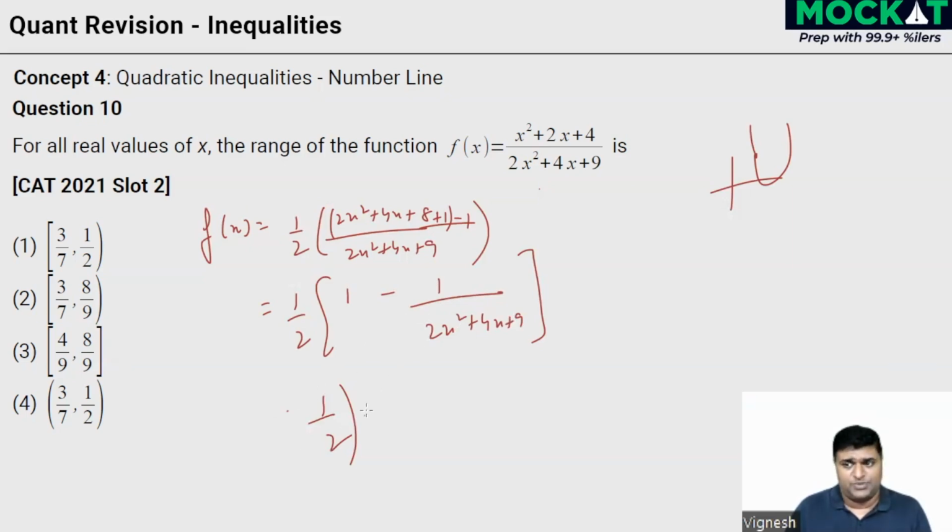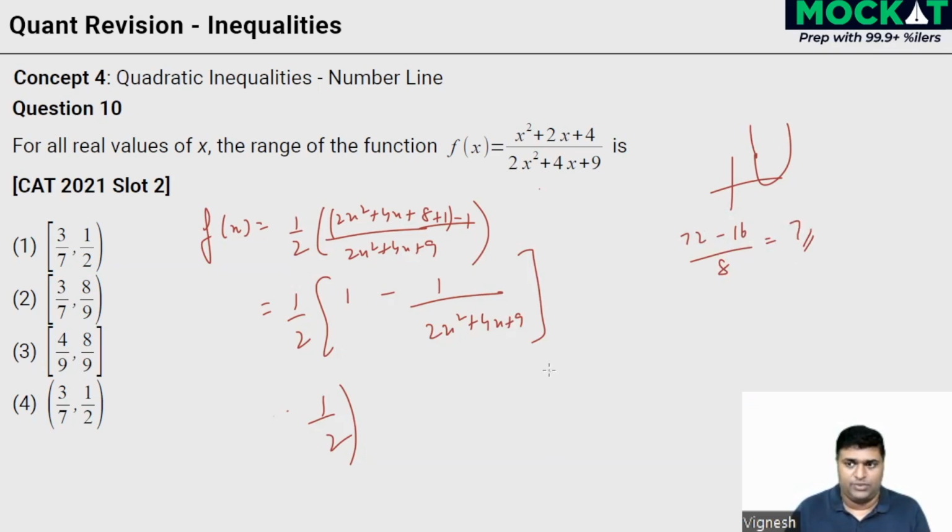What about the smallest value? Now 2x squared plus 4x plus 9, what is the least value it can take? If you know the formula, it's 4ac minus b squared by 4a, we can directly do that. 4ac, 4 into 2 is 8, 8 nines are 72, minus b squared, which is 16, divided by 4a, 4 twos are 8. 72 minus 16, 72 by 8 is 9, 9 minus 2 is 7.